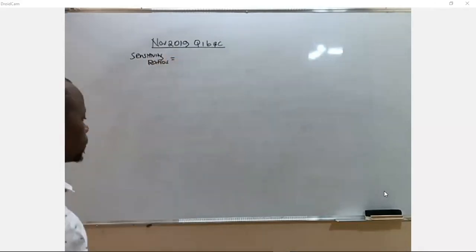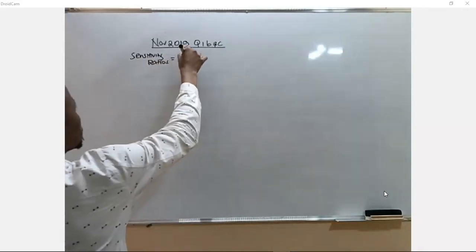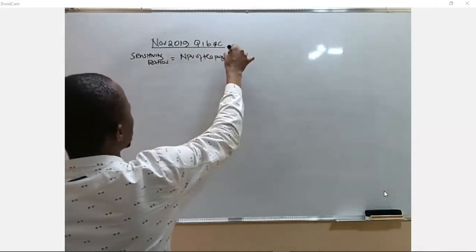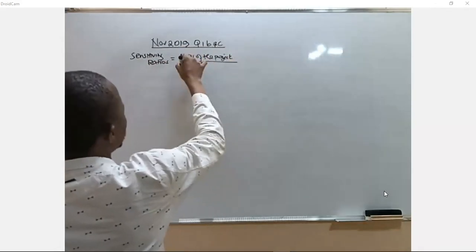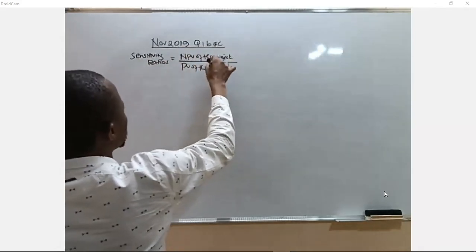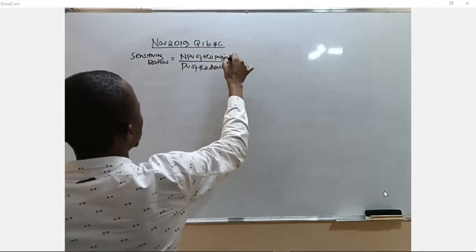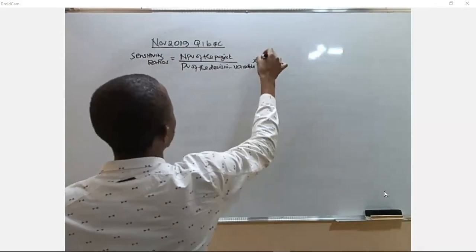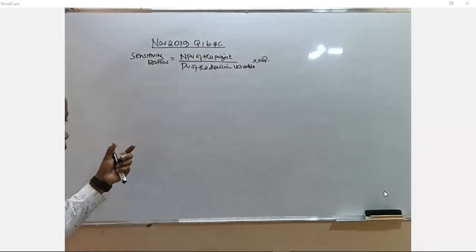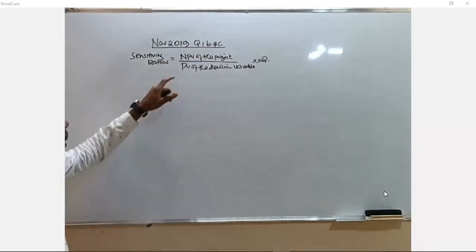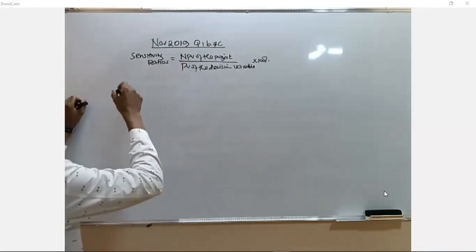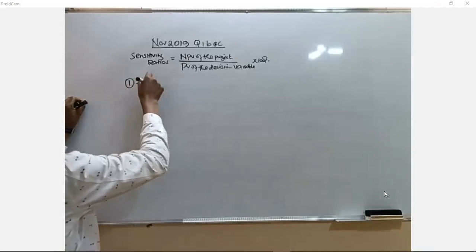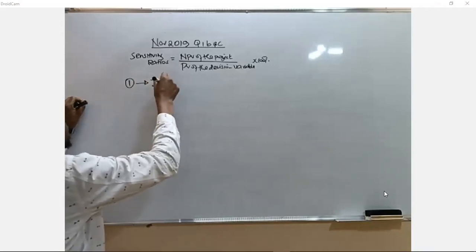To calculate the sensitivity ratios, we said take the NPV of the project, divide by the present value of the decision variable, then multiply by 100%. I want to start by looking at the NPV of the project. We said it normally follows 3 stages. Number one, let us start by looking at the initial outlay.